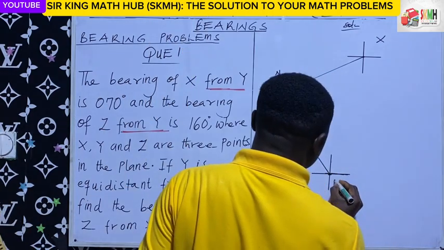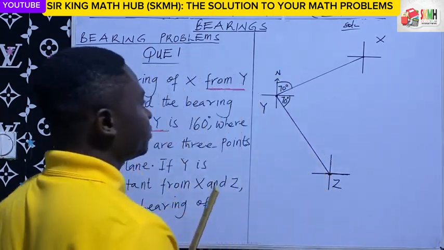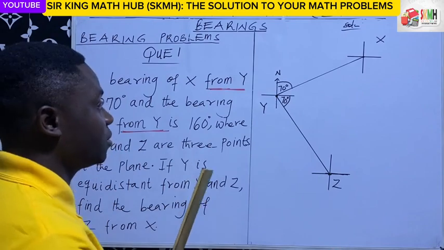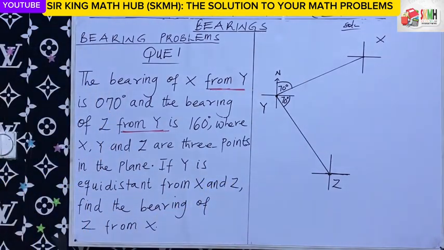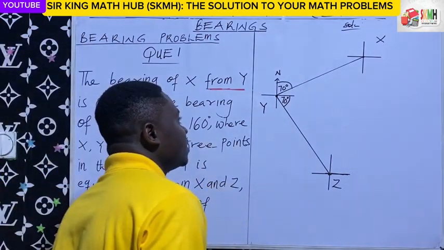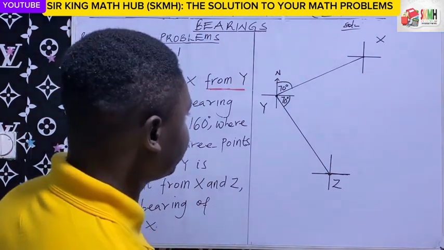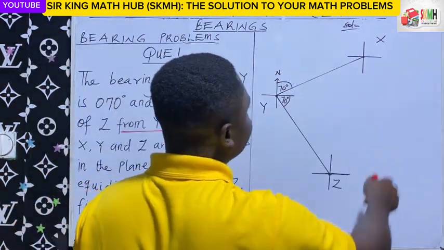Here is z. Now, what shape are we getting?